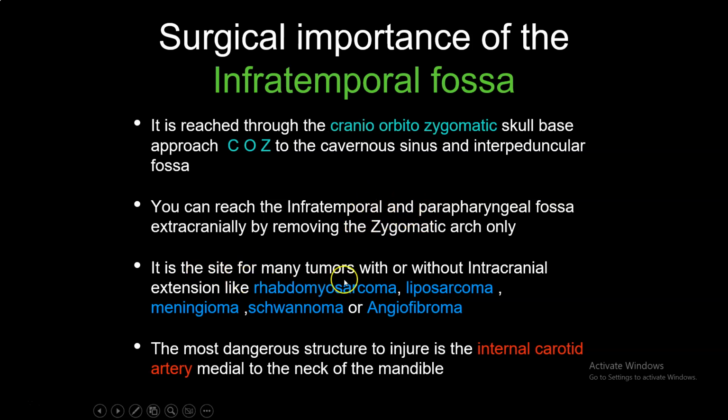And it is the site of many tumors, can be present here: rhabdomyosarcoma, liposarcoma, meningioma, schwannoma, angiofibroma, as we'll see. And the most dangerous structure to preserve here is the internal carotid artery, medial and posterior to the neck of the mandible. Always remember this relation while we are in the infratemporal fossa.